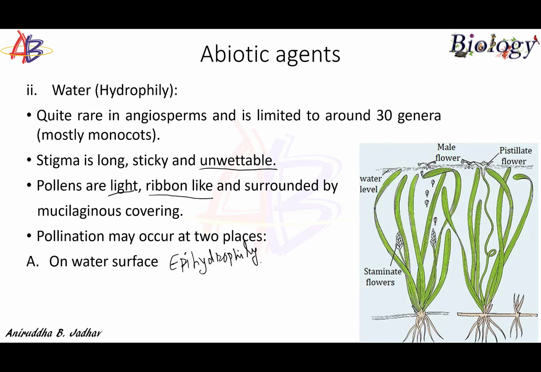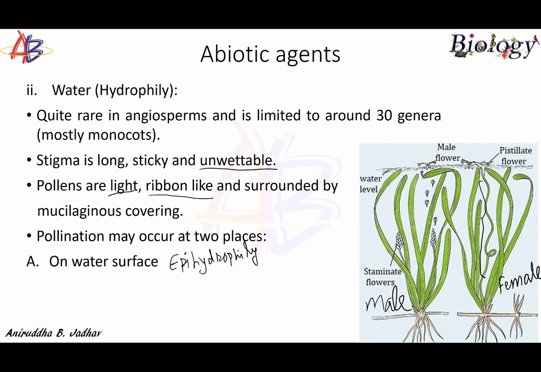Here you can observe an example where this is a male plant having staminate flowers, meaning it is producing only male gametes. This is the female flower. In this female flower, the flower is attached to a spiral stalk, as you can observe here. This stalk helps in lifting the female or pistillate flower up to the water surface.